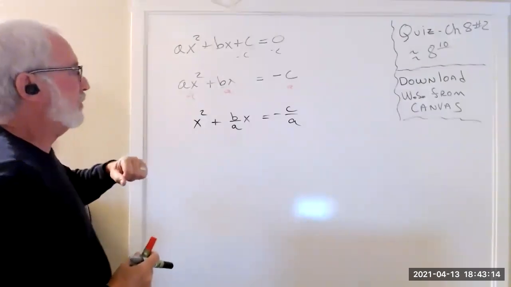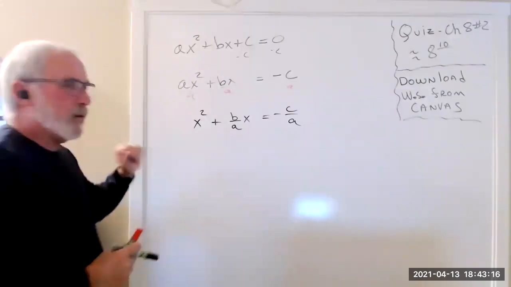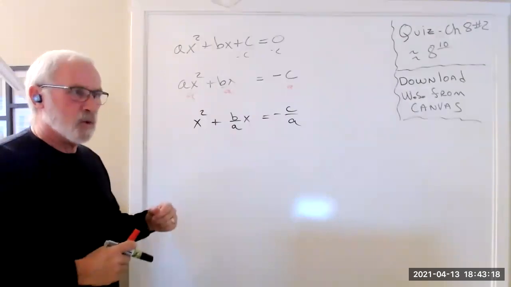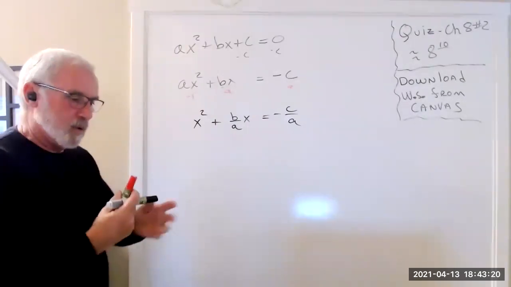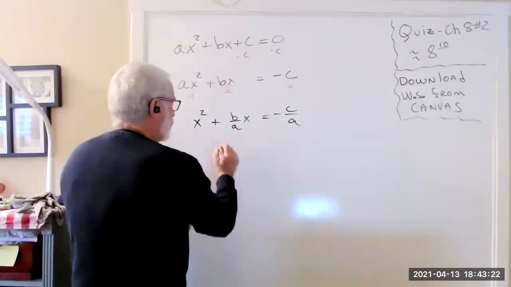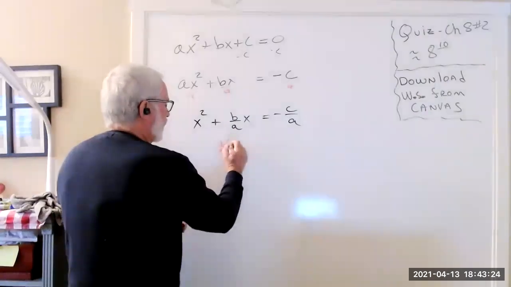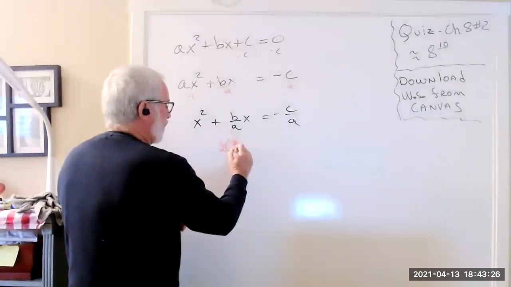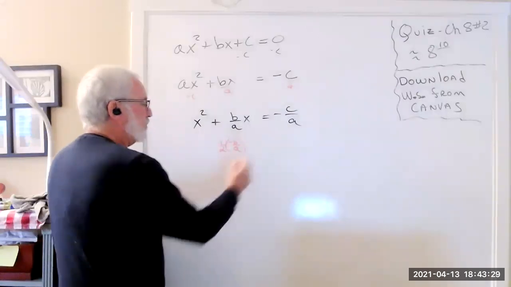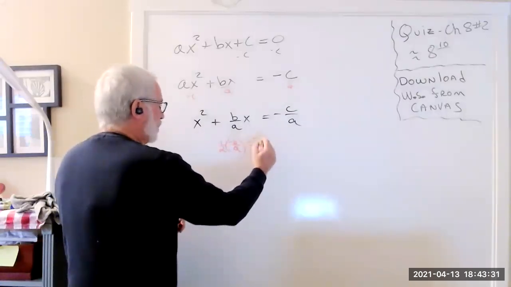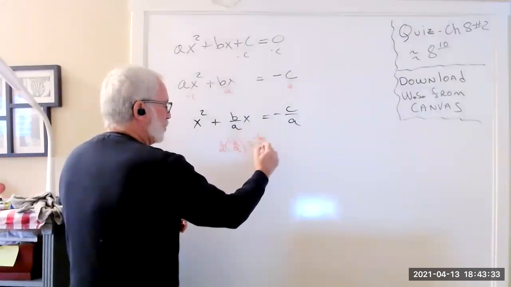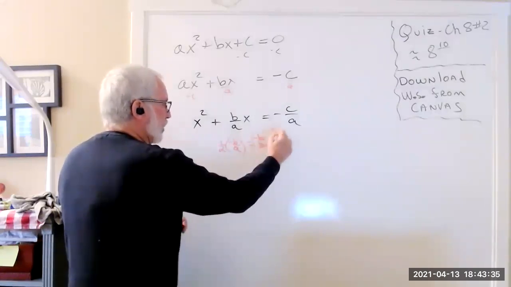Now I'm going to have to write smaller, but now I'm going to use completing the square. We talked about how you do half times b over a, and you get b over 2a, but then we square it.